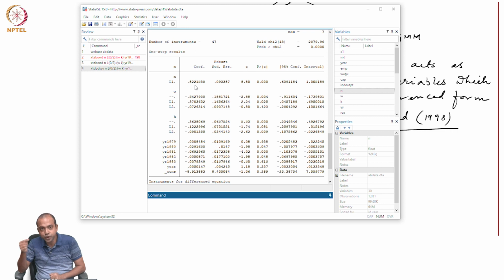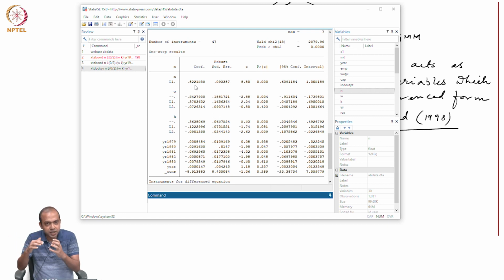Earlier we were putting YIT minus 2 as instrument. That means the orthogonality condition is that the covariance of YIT minus 2 and the error term is 0.